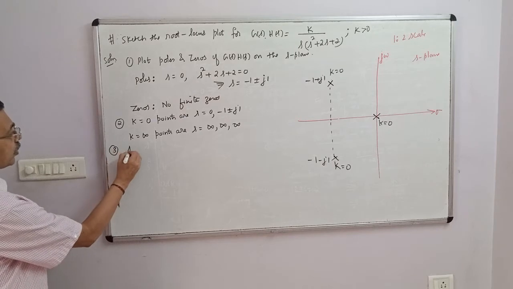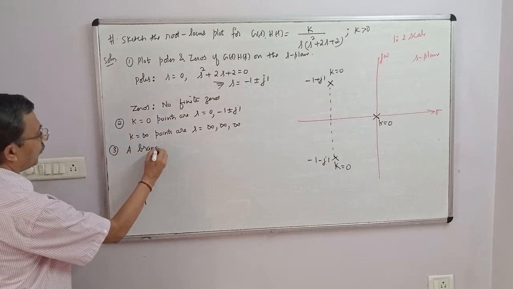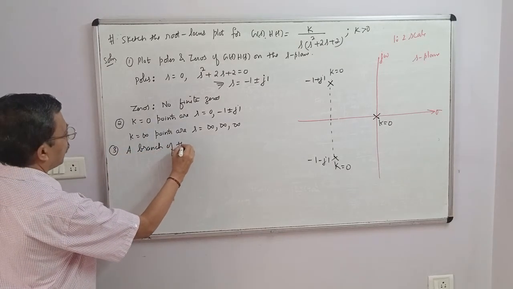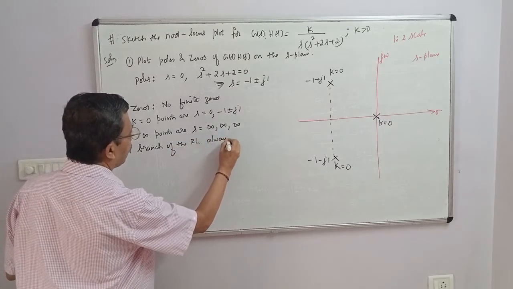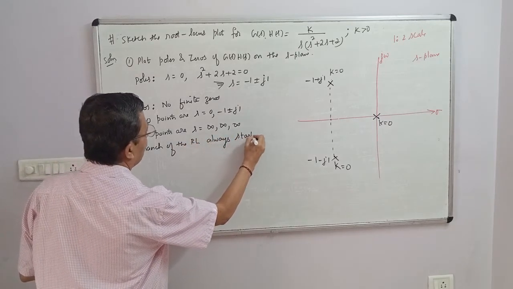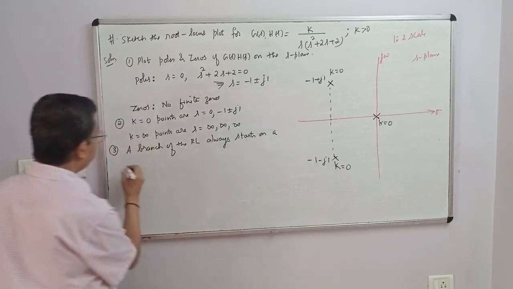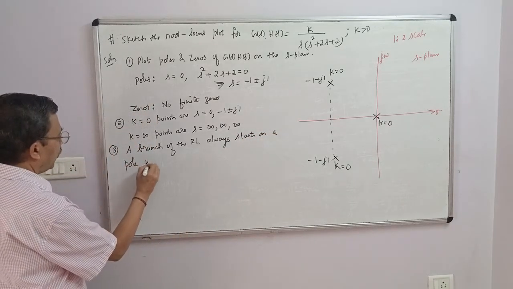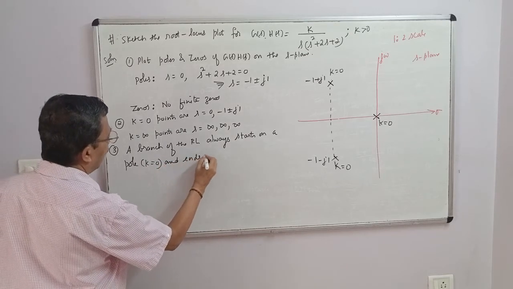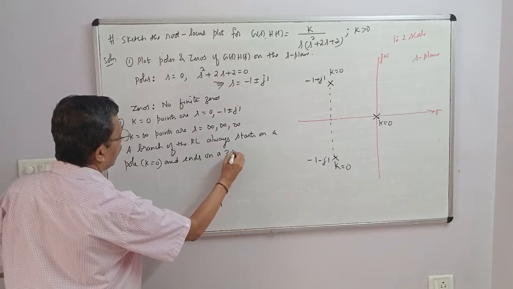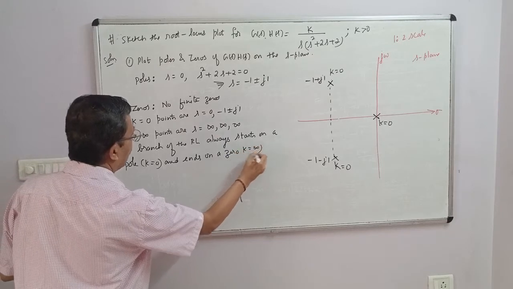Next step. A branch of the root locus always starts on a pole. Pole means k equal to 0, and ends on a zero. Zero means k equal to infinity.